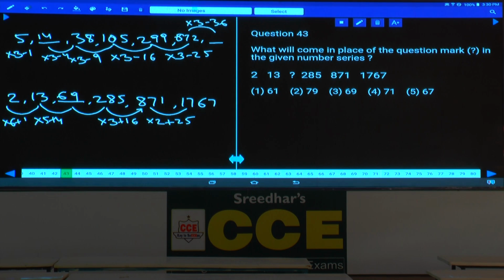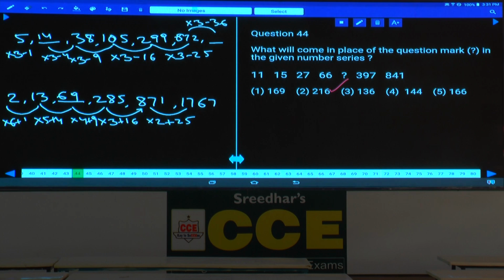Now 69 into 4 is how much? 70 into 4, 280 minus 4, 276, plus 9 is 285. Is it clear? Each of these numbers is multiplied with 6, 5, 4, 3, 2 and 1, and 4, 9, 16, 25 are added. So what is the missing number here? The missing number is 69, choice 3. And this is about question number 43.